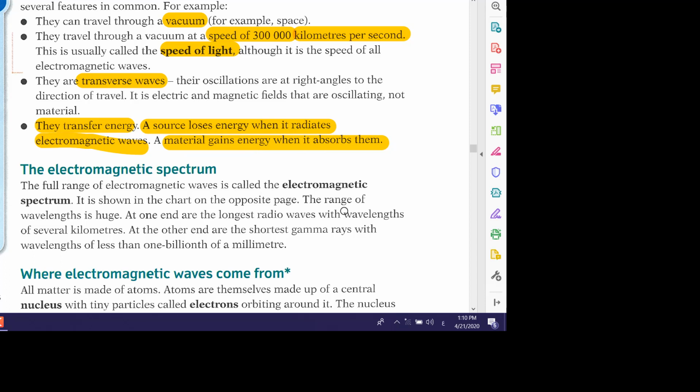If we want to take an example to explain this point, we will take the sun as an example. The sun radiates, it gives energy, it gives waves, which is light. So when it's giving light, this light is energy. This energy travels from the sun until it hits an object.